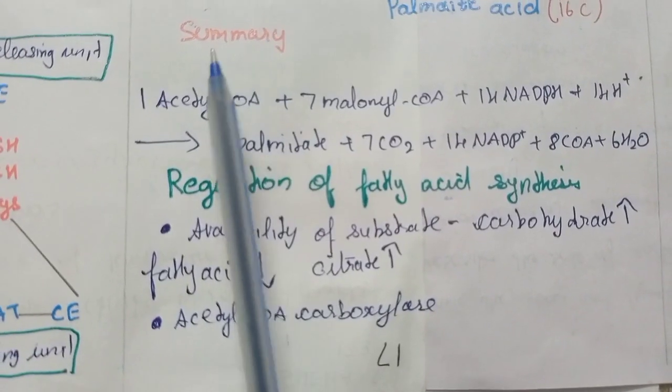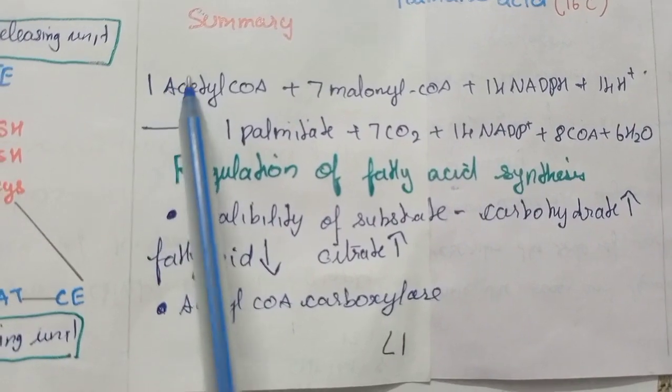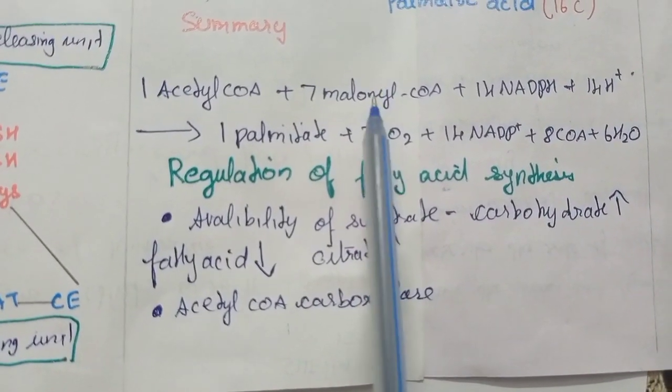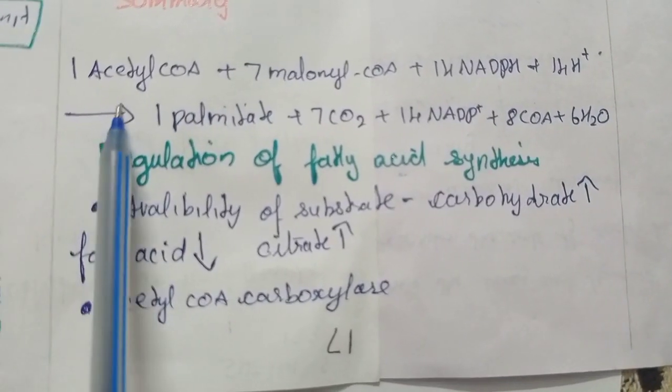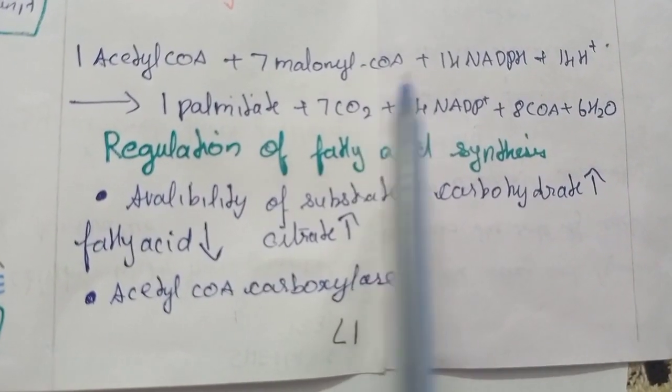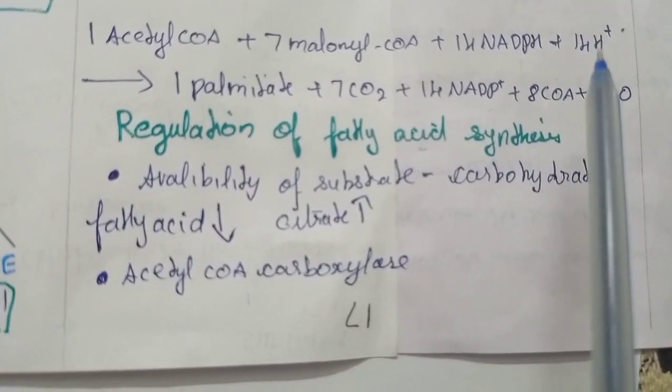Let us see the summary of de novo synthesis, in which 1 acetyl-coenzyme A plus 7 malonyl coenzyme A plus 14 NADPH plus 14 H plus gives out 1 palmitate, 7 CO2, 14 NADP plus and 8 coenzyme A and 6 H2O.